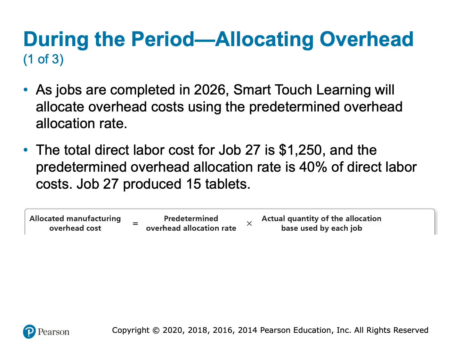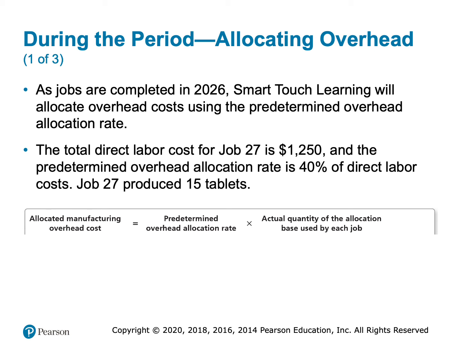So we know that that estimate is wrong. Actual overhead's not $68,000. In fact, we know it's 83, but we know this in hindsight. And we know that direct labor dollars weren't actually $170,000. Doesn't matter. So we're told that for job 27, the direct labor cost was $1,250.